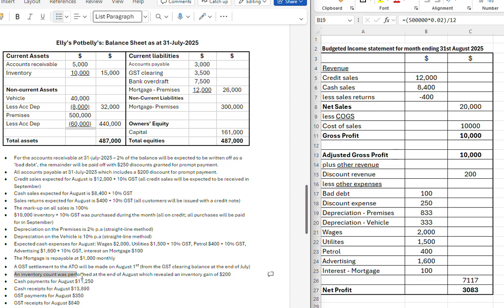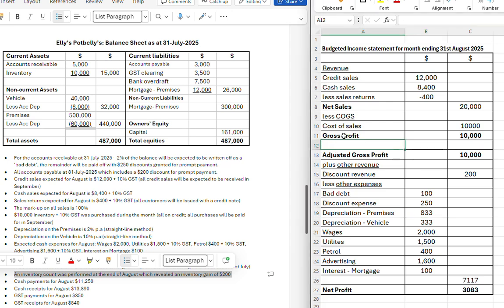And then finally, we get to an inventory count, and we've discovered we've had a Christmas present. We've got an inventory gain of $200. So that needs to be reflected in our income statement. So therefore, that goes between our GP and our adjusted GP.